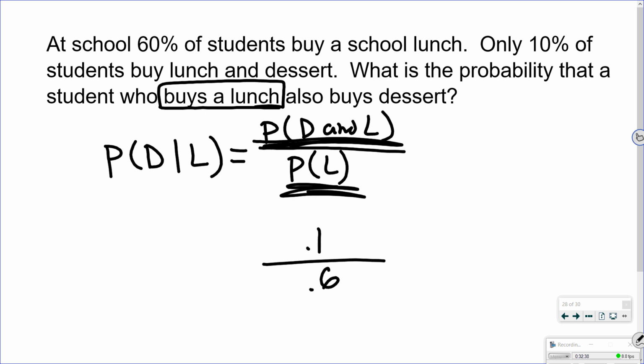So we grab a calculator, we plug that in there, we go 0.1 divided by 0.6, and we get approximately, I'm going to round that off, 0.17. Okay, that's the probability that they're going to buy dessert given that they already bought a lunch. In other words, what you're saying is instead of looking at all the students, you're only taking it out of those that bought a lunch.